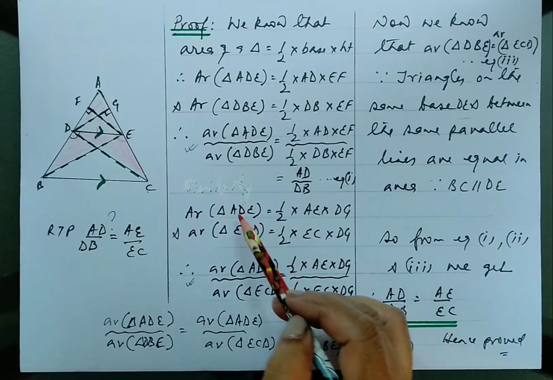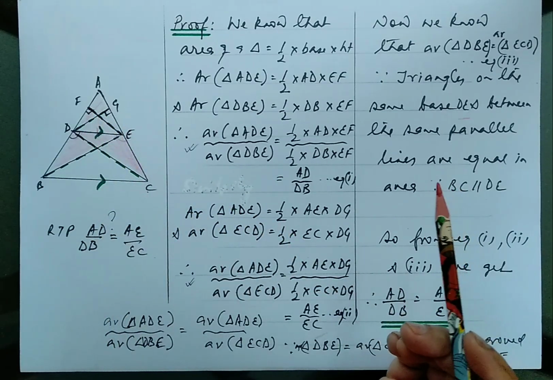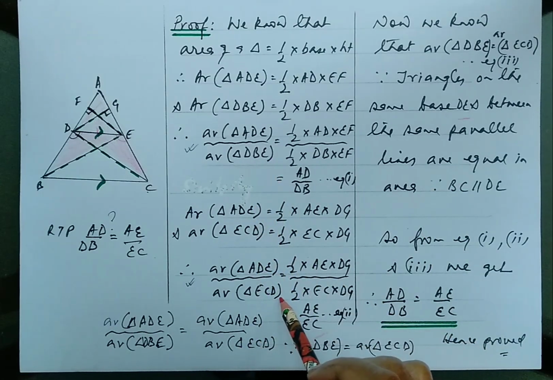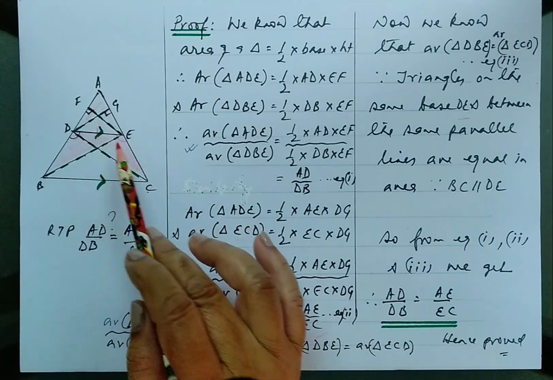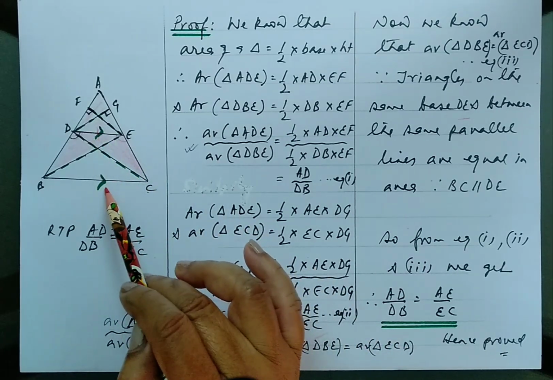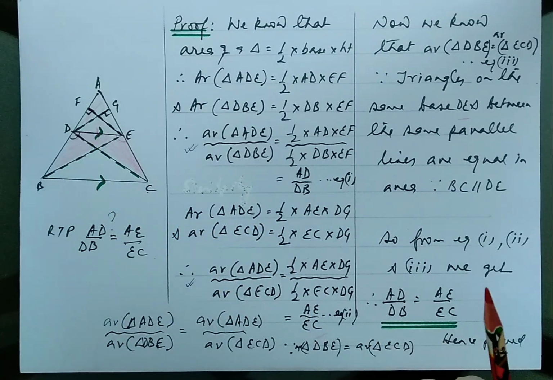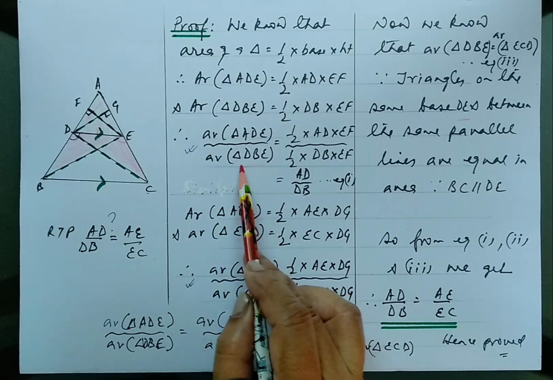The same thing again for this also. Why so? Because ADE is after all the same triangle we are talking about, but DBE is also equal to ECD. Why? Because they are sitting on the same base and between the same parallels. So area of ECD is also equal to DBE.